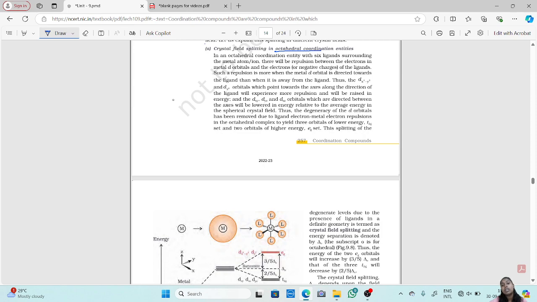Here the structure will be octahedral. In an octahedral coordination entity, you will have 6 ligands surrounding the metal atom or ion.